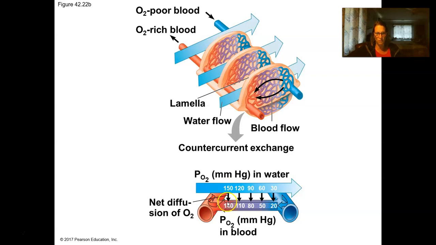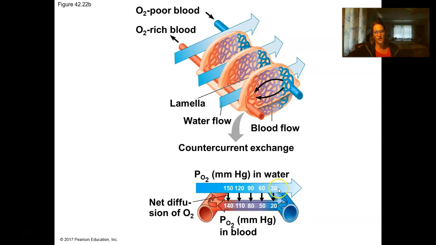So oxygen is going to be moving into the capillary here. And then as it loses some oxygen from the water, it's still lined up with a capillary that has less oxygen in it. So oxygen is going to flow from the water into the capillary.